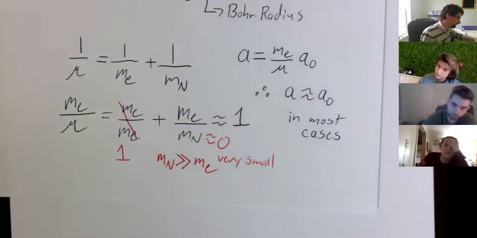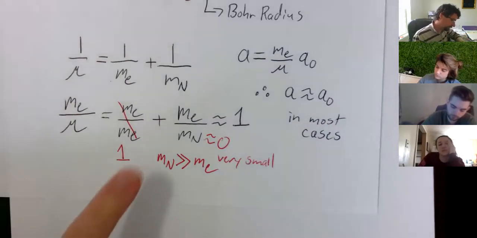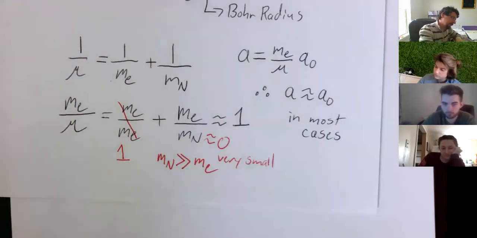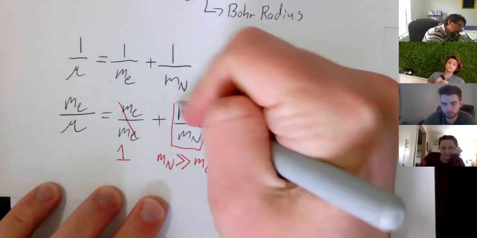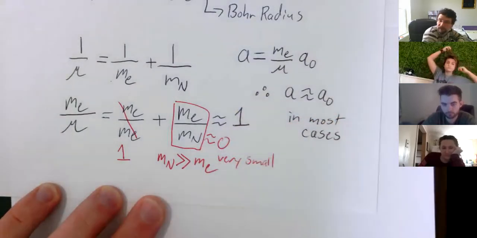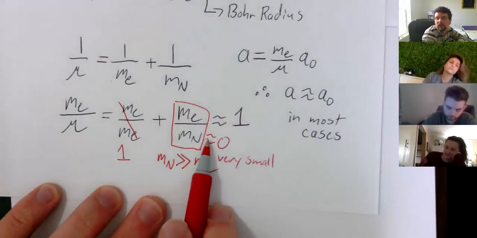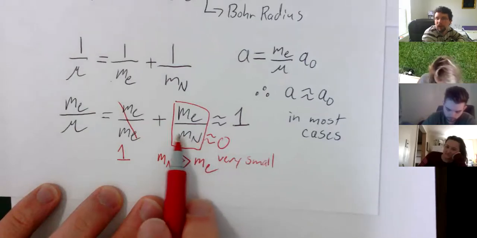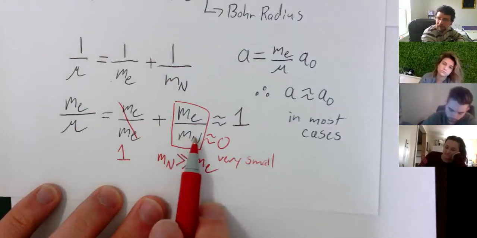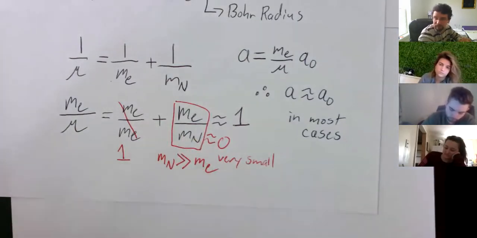How do you get 1 if you're dividing by 0? Wouldn't it be undefined? Oh, this whole expression is approximately equal to 0. Does that make sense? I'm sorry, the way I drew it, you're right. It looks like it implies the mass of the nucleus is equal to 0, but it's not.